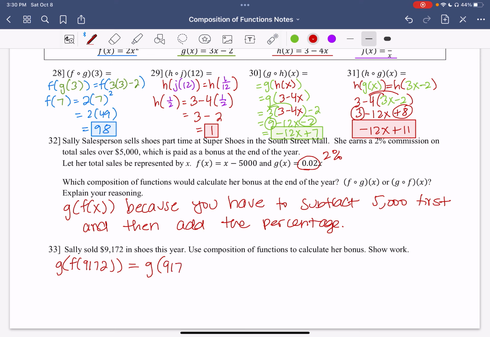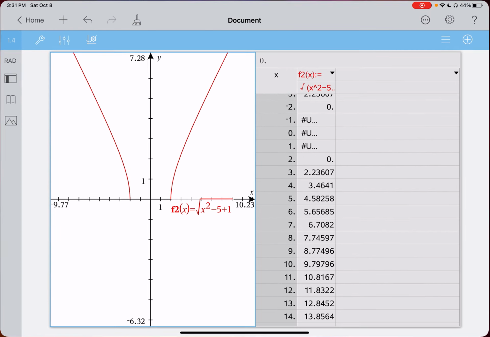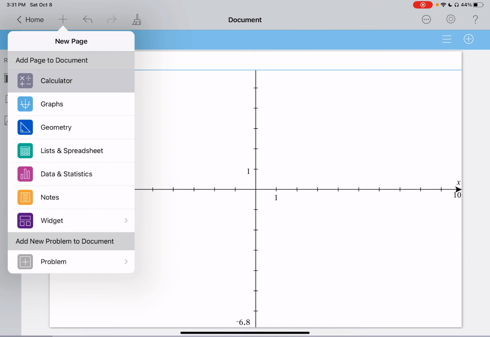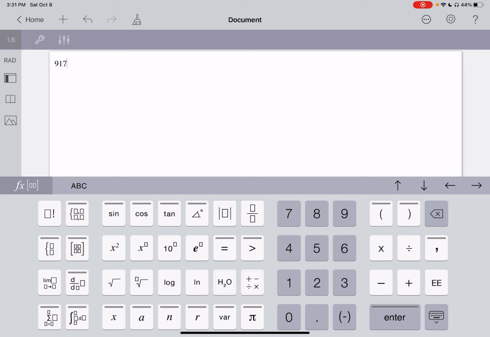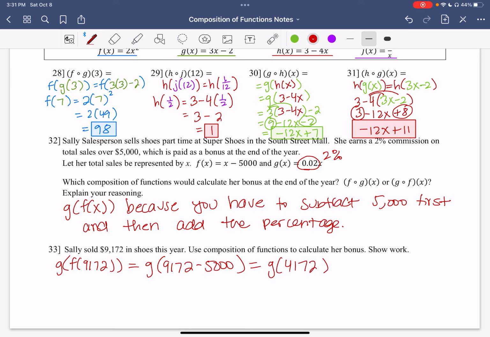So $91.72 minus 5,000 is 41.72. Okay, so now we're going to find g of 41.72, which is 0.02 times 41.72.